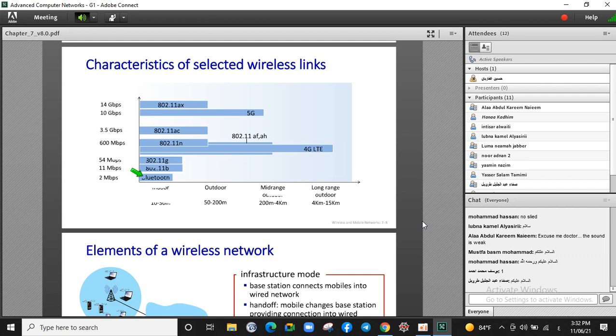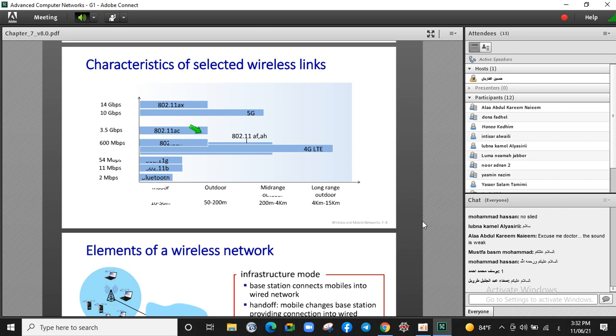Okay, and when I'm talking about Wi-Fi, this communication range is near 30 meters. But in the new series of Wi-Fi, when I'm using Wi-Fi as an outdoor implementation, this communication range may be extended to 100 meters.